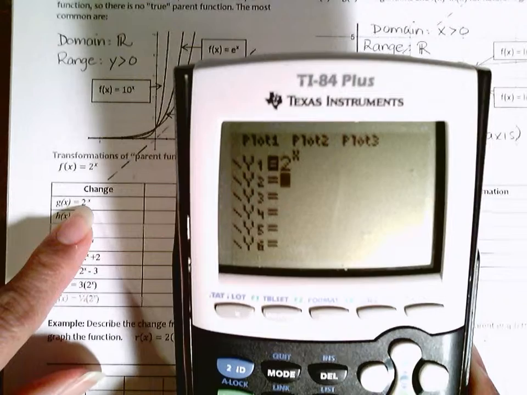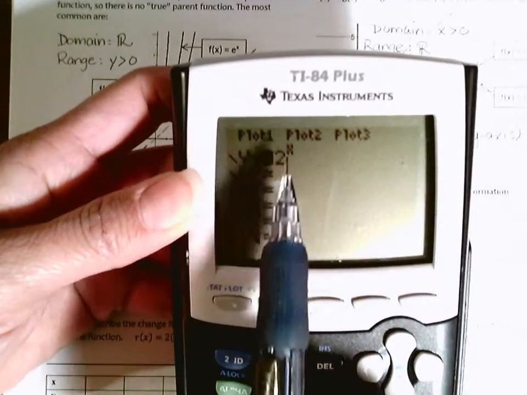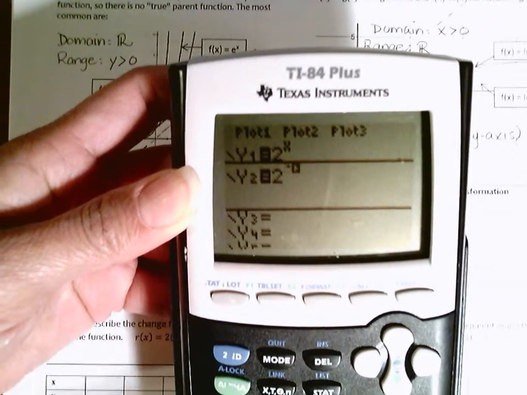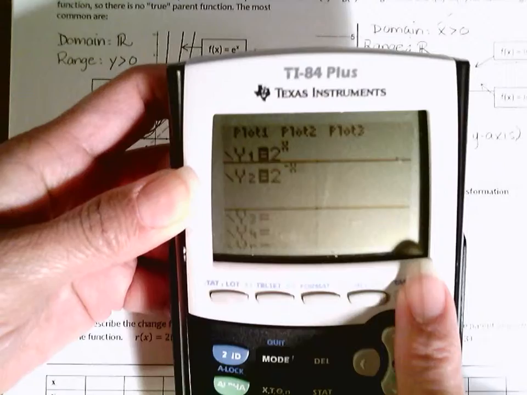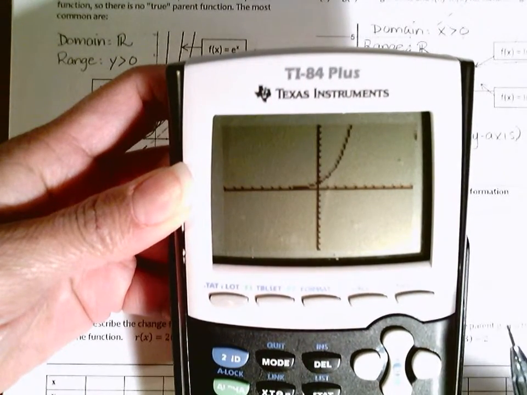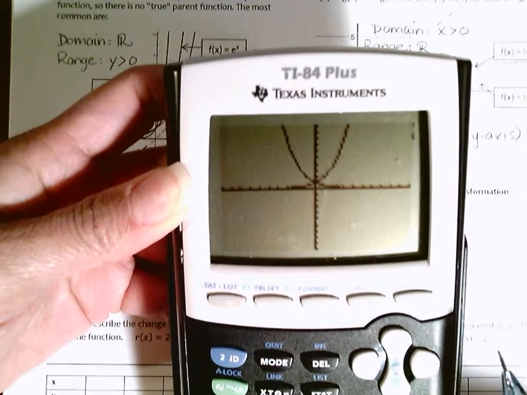So the g of x is 2 to the negative x. So I'm comparing it to my parent function 2 to the x. So 2 to the power of negative x. Now I'm going to graph. What I'm going to notice is that the first graph that graphs, that's the 2 to the x power. And the second one that graphed, well, something happened.